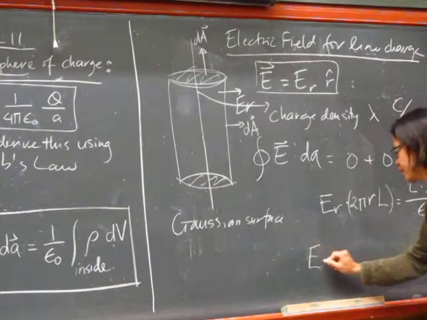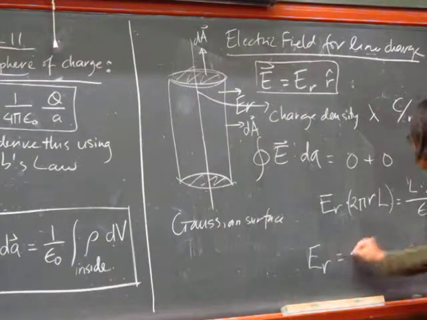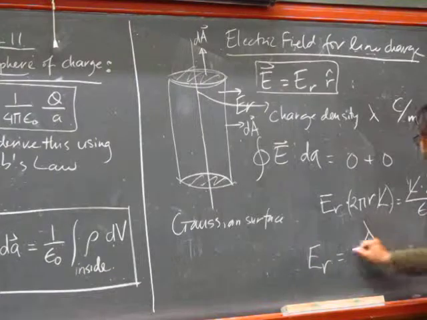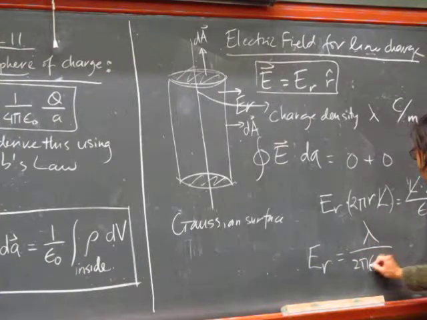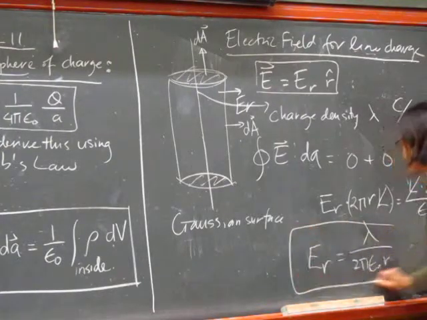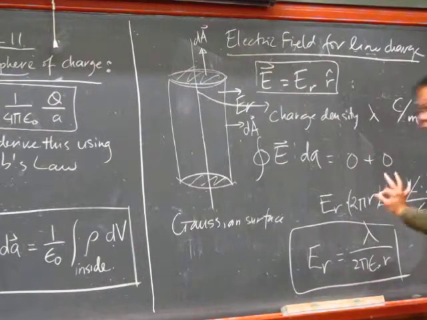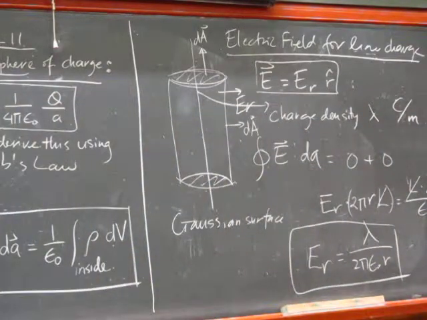So the L cancels, and the electric field in the radial direction goes as lambda over 2 pi epsilon naught r. That's how we ended last Wednesday.